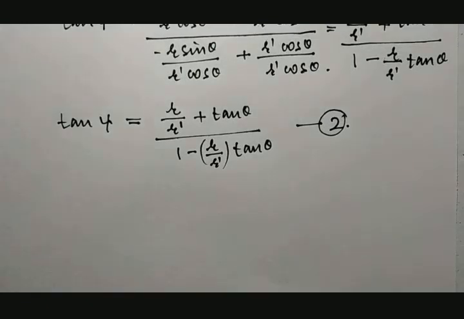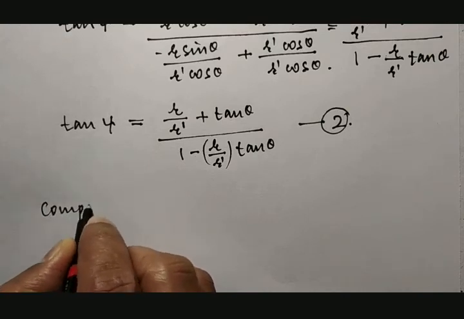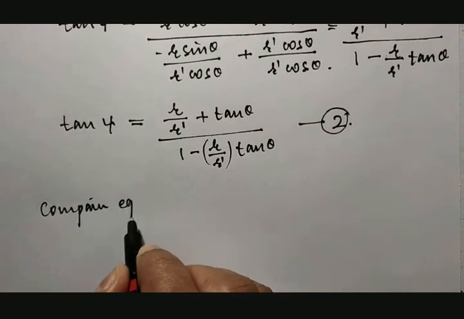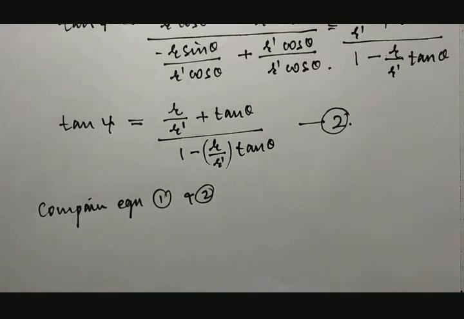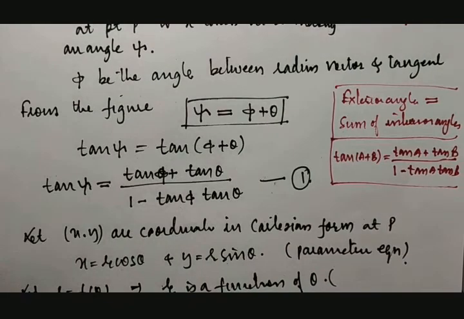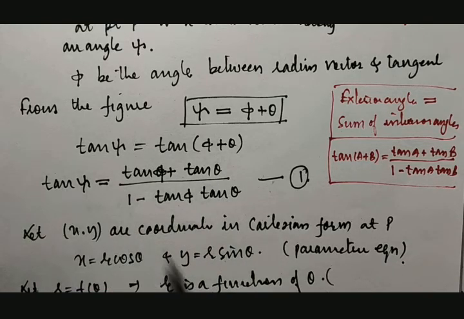Then from equation number 1 and 2, if we compare, what happens? What is there in equation number 1? Equation number 1 says tan phi plus tan theta divided by 1 minus tan phi tan theta is equal to tan psi.